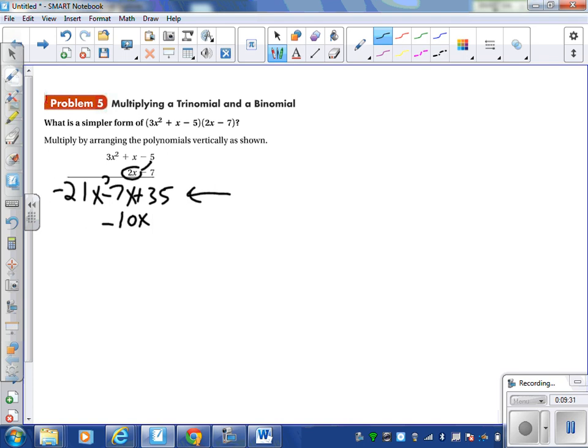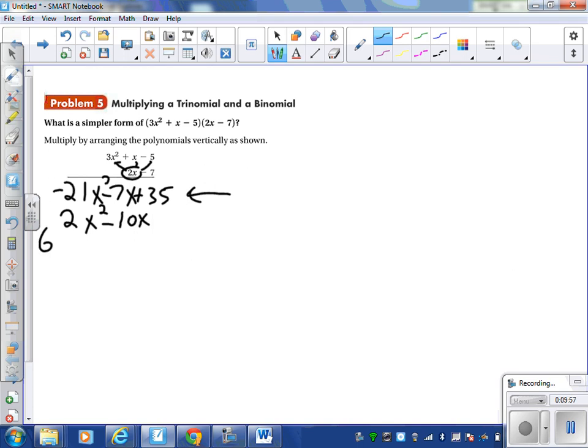Then we have 2x times x, which is 2x squared. And let's line that up underneath the other x squared. Now we have 2x times 3x squared, which would give us 2 times 3 is 6.